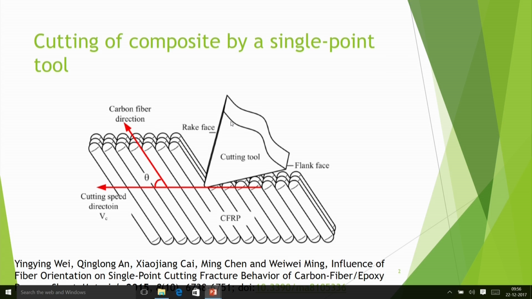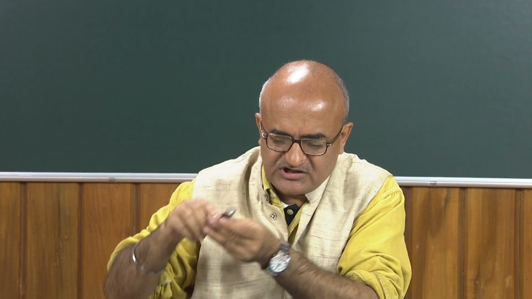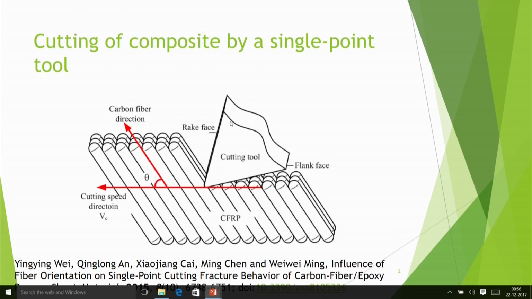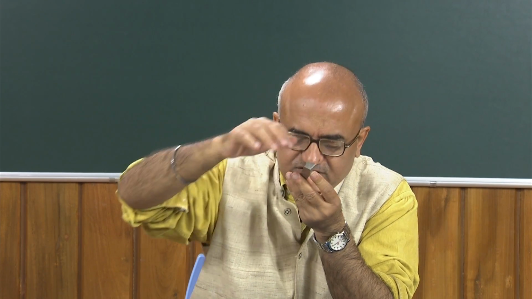In this type of tool, the rake face is this because the chips are flowing here, and then this is the flank face. Rake face and flank face meet at some angle, and this makes the included angle of the cutting tool. So in this particular case, the flank face is this. This is the rake face and this one is the flank face.